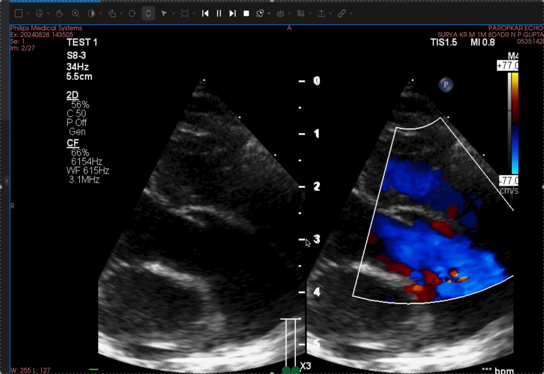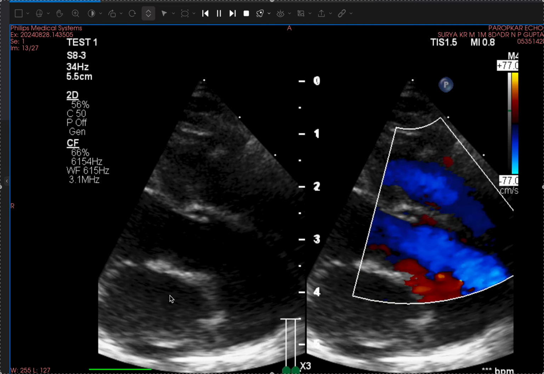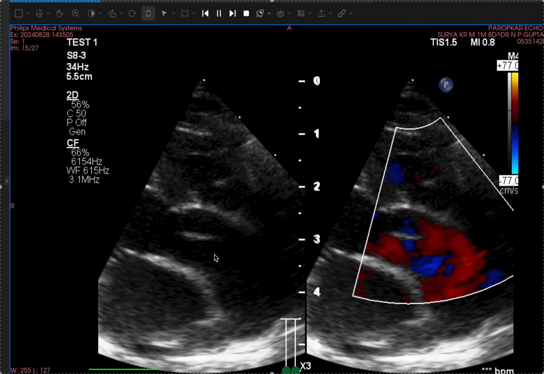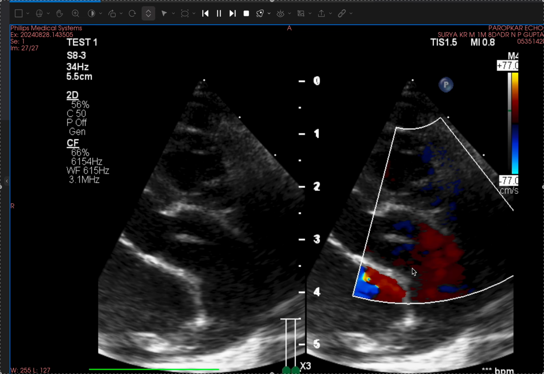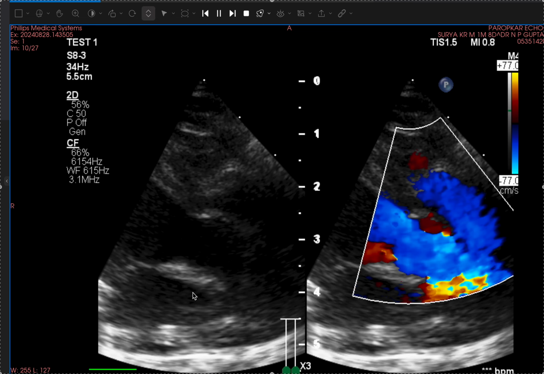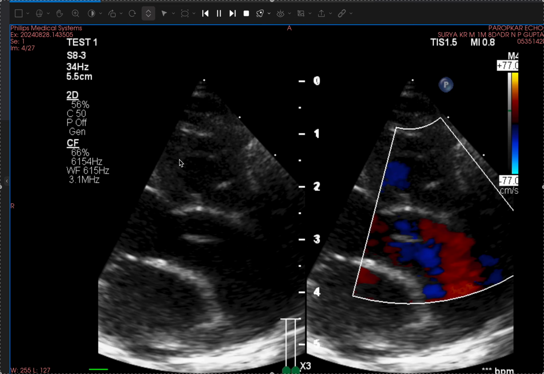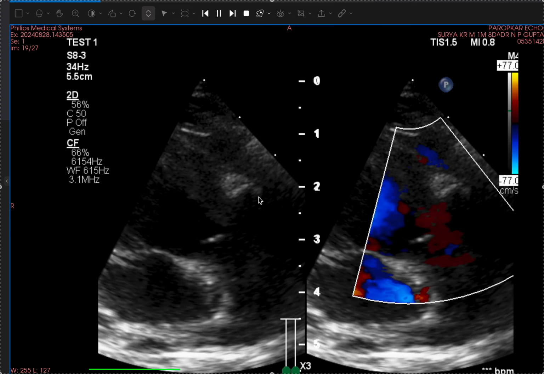Now very clearly see in this image, this is left atrium, left ventricle, aorta. This is left atrium, left ventricle, pulmonary artery, not aorta. This is pulmonary artery, and this is right ventricle and aorta.